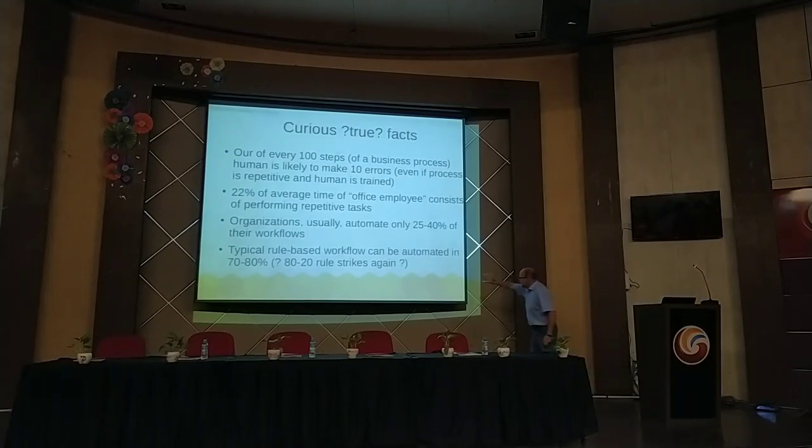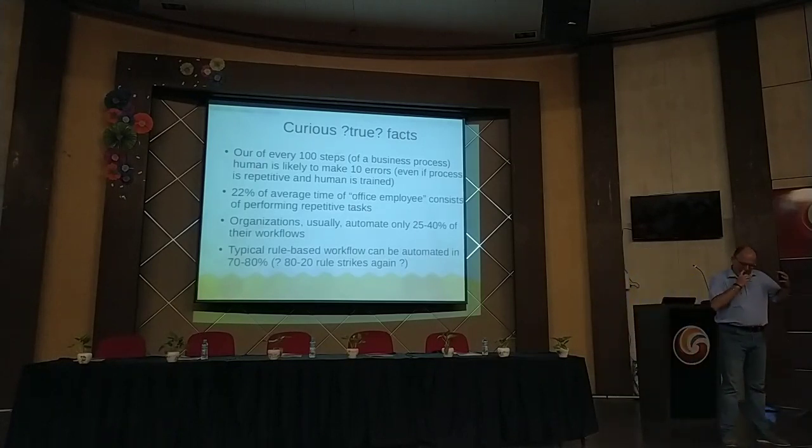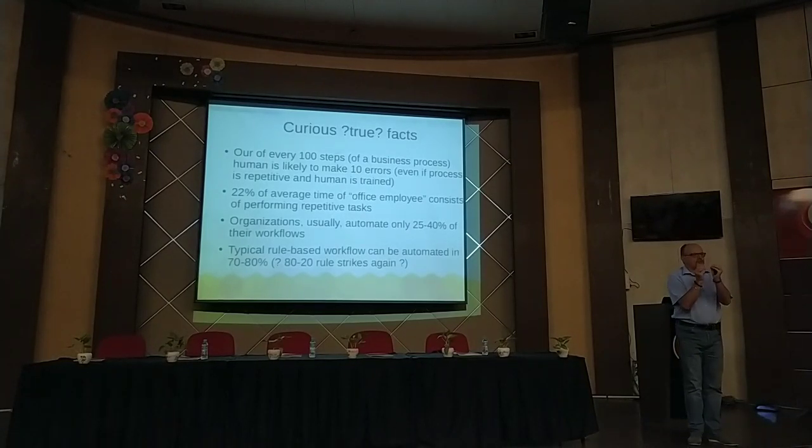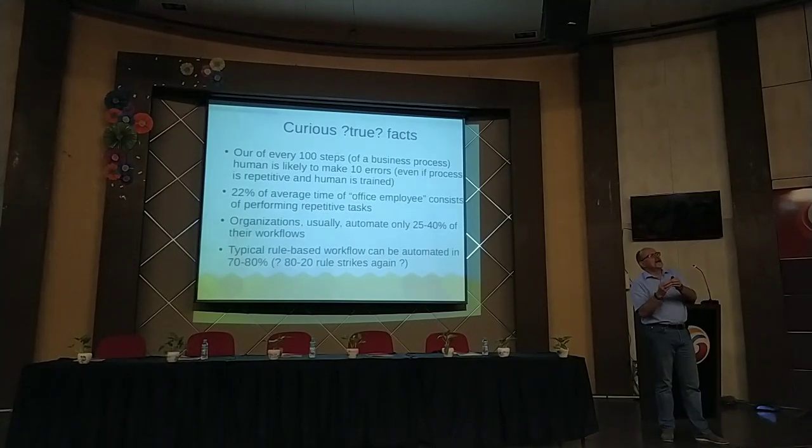So if this is true, this means that on the one hand you can have 80% of workflows in companies automated. The remaining 20% are those cases that, for the time being, until everything is automated through artificial intelligence, have to be manually controlled by humans.